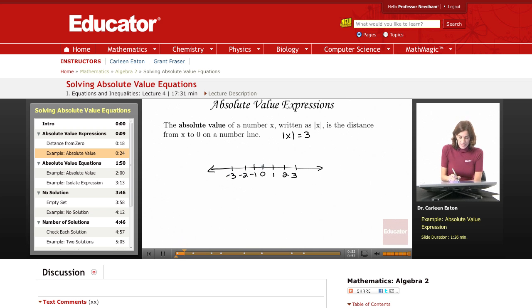Okay, so looking at this, if I go from 0 to 3, this is 3 units away from 0 on the number line.